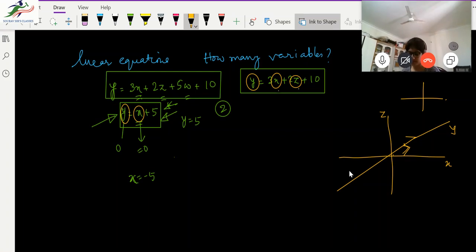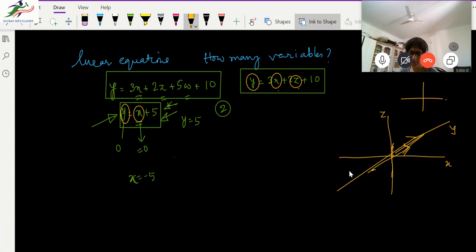So we will put x and z as 0 and see that the value of y is 10. So x and z 0 means x0 means it is y or z, right? Both are perpendicular, right? So x0 and z0. Z0 again means will lie on the xy plane, right?